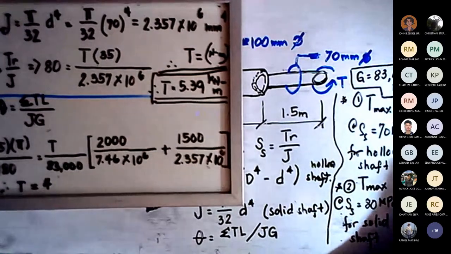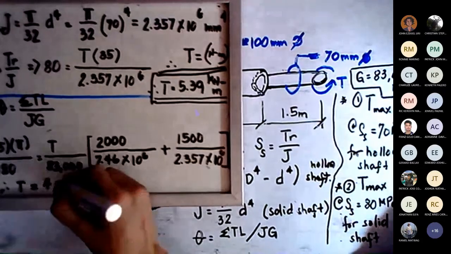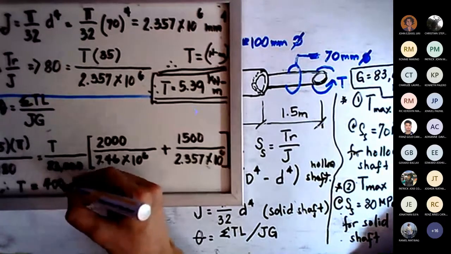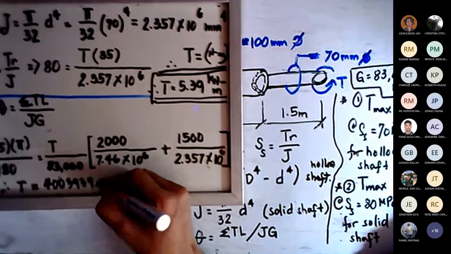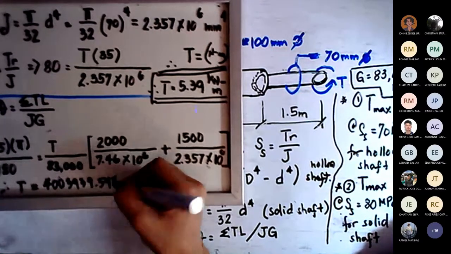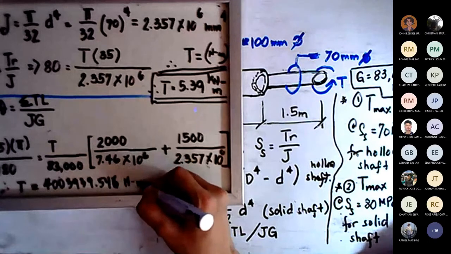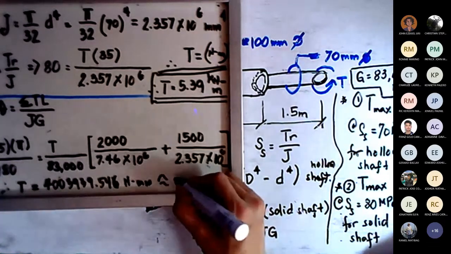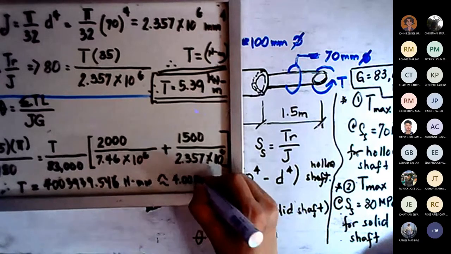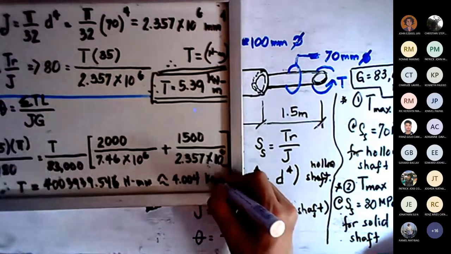Times 1,000 times 1,000 gives 4,003,939,546 Newton mm. So we convert into kilonewton meter by dividing by 1,000 and 1,000, therefore 4.004 kilonewton meter.